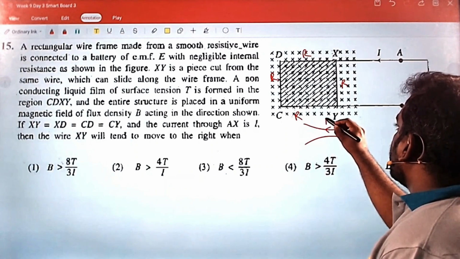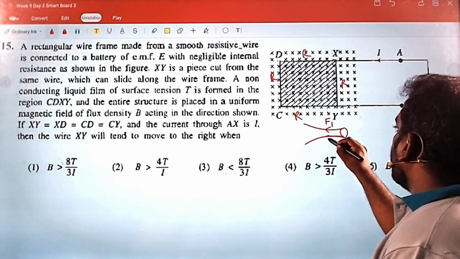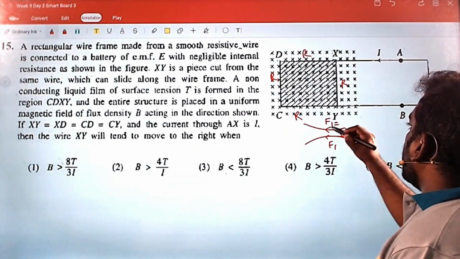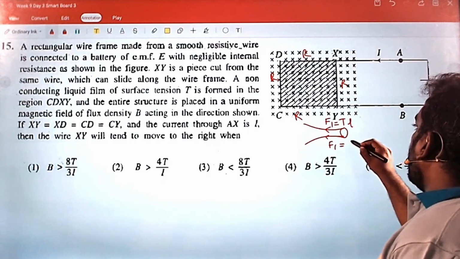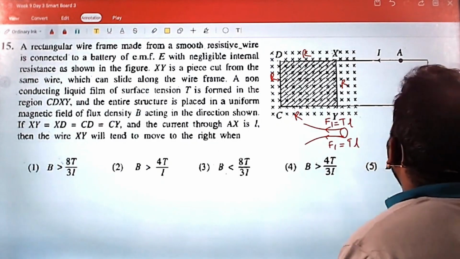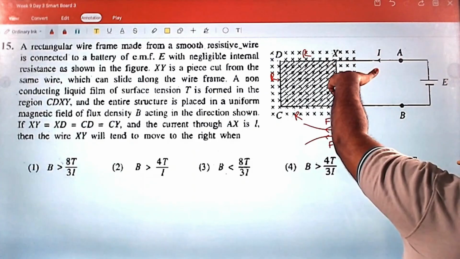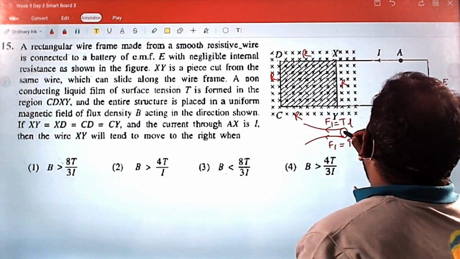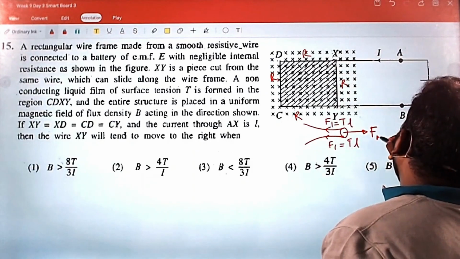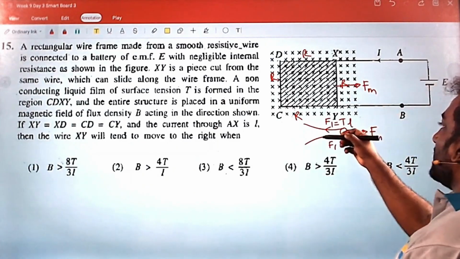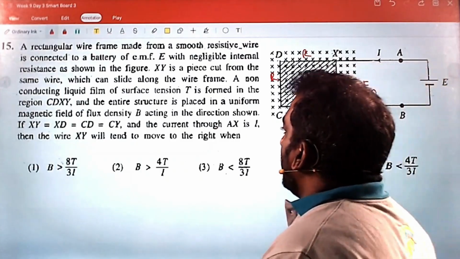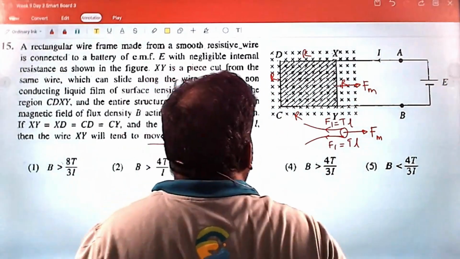So here there will be a surface tension force: surface tension into length. Apply field current force. Magnetic force in that direction, surface tension force in the opposite direction. They are telling it tends to move to the right.